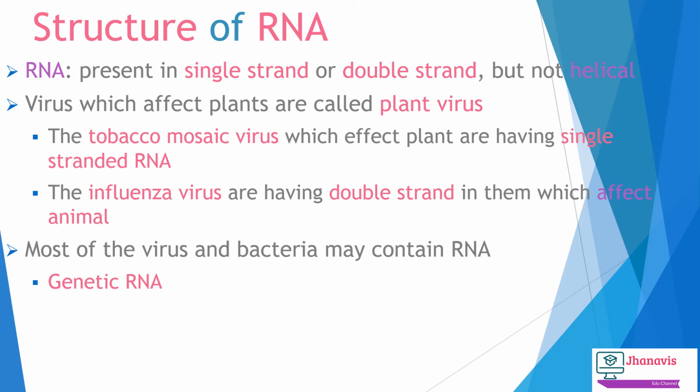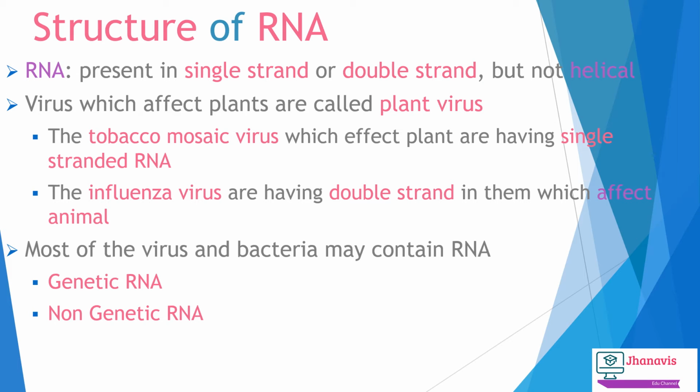But at present, remember that in all these types, the RNA doesn't have any role as genetic material. It is not involved in passing the information, but it obeys the information which is passed by the DNA.